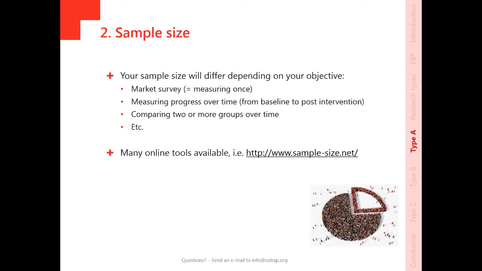And this sample size will differ depending on your objective. If you plan to only measure once, this is called a market survey, and then you will need a different sample size calculation than when you plan to measure twice or even more, or when you want to compare two or more groups over time, and so on. So each different objective will require a different sample size calculation.